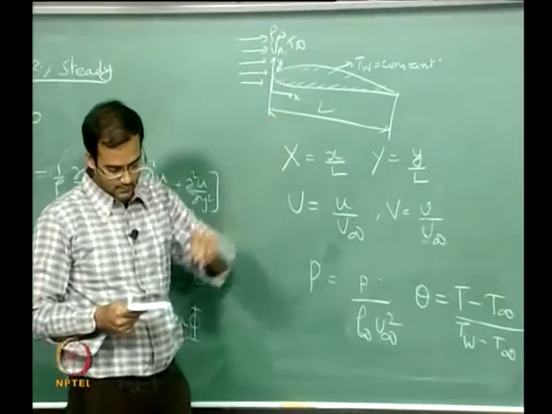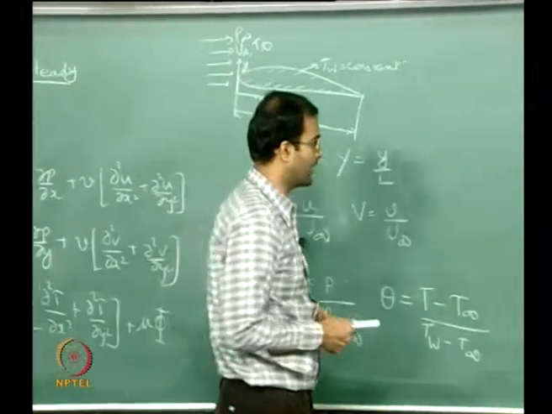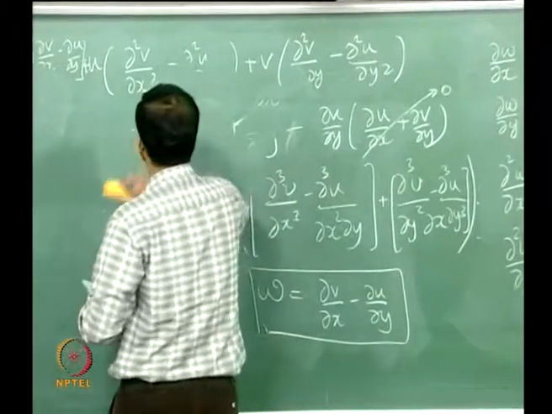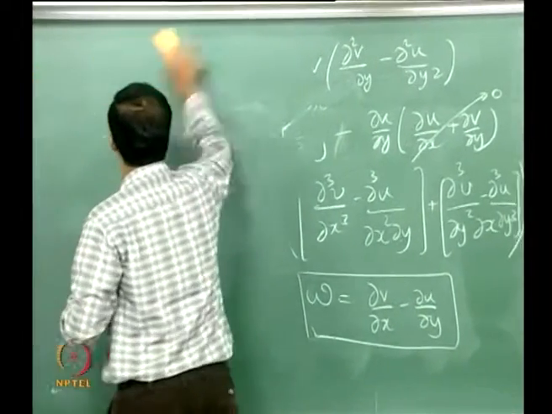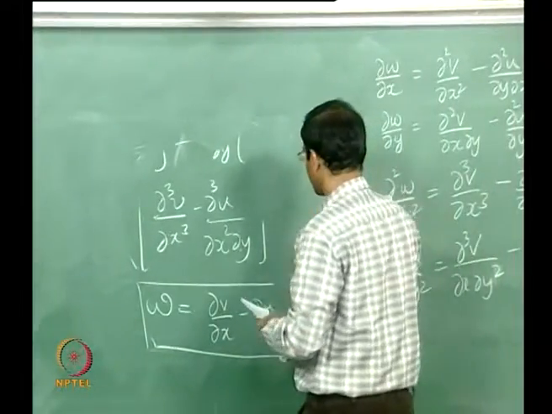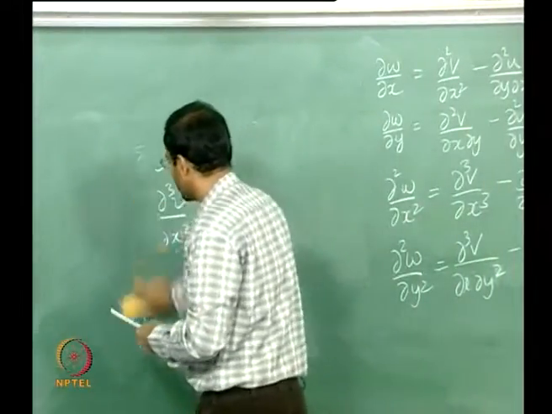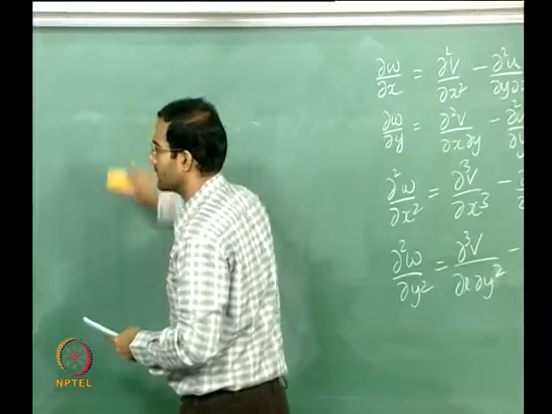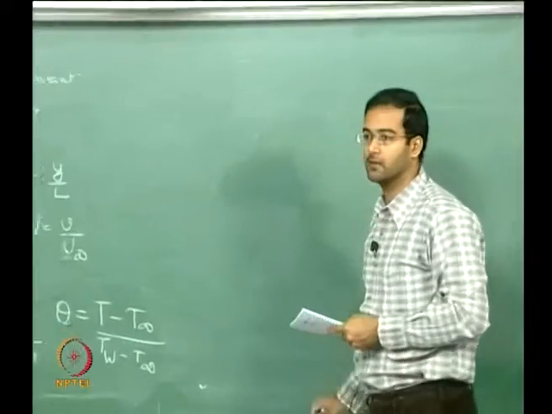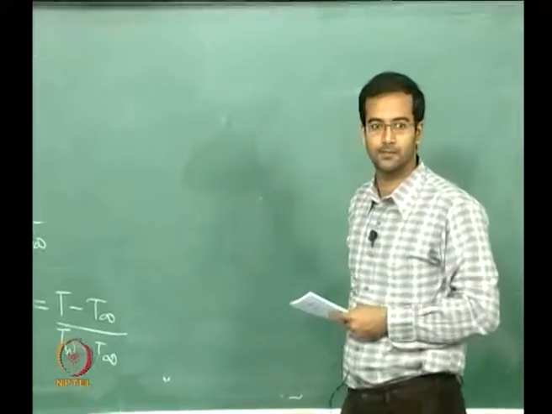All right. So with this I just write the final equation. You can in fact derive this and check for yourself. If you substitute these non-dimensional variables into the dimensional Navier-Stokes equations, you are now going to tell me. We will write down only the final version.